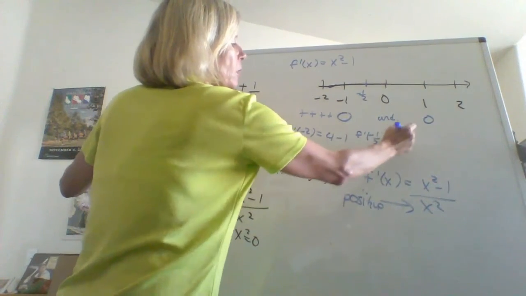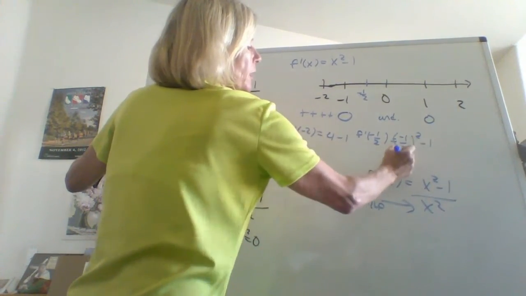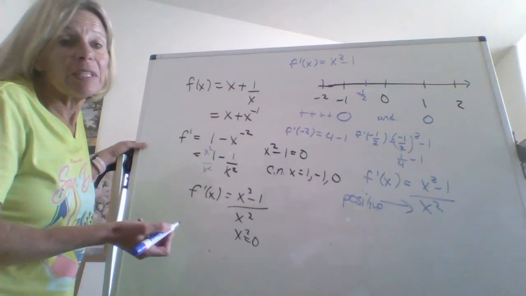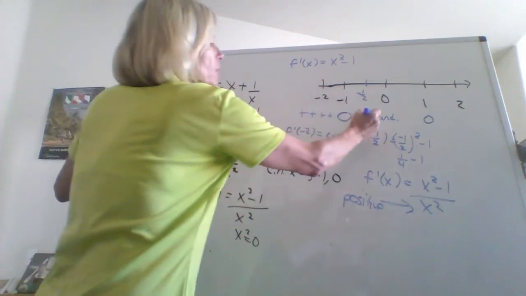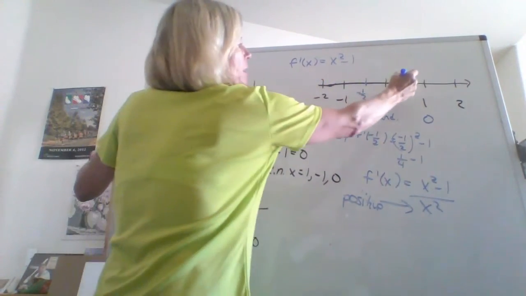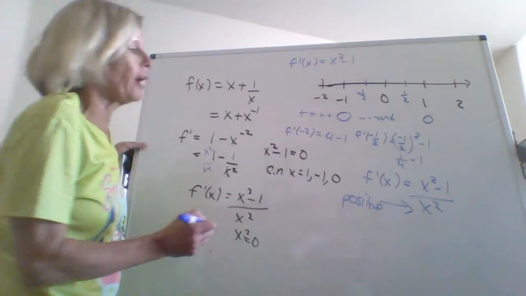If I do f prime of negative 1/2, I square negative 1/2, that's 1/4 minus 1. I don't care what the number is, I just care that it's negative. And because I've got a squared, I can think what happens if I substitute in positive 1/2.